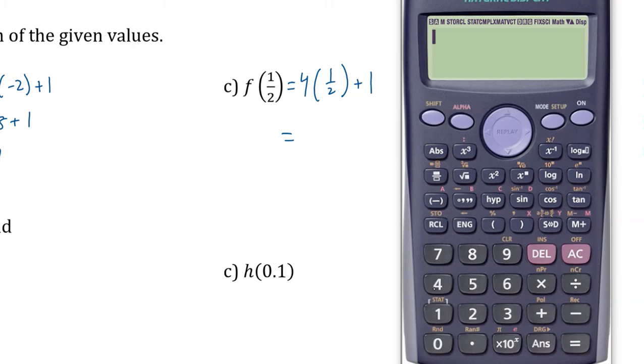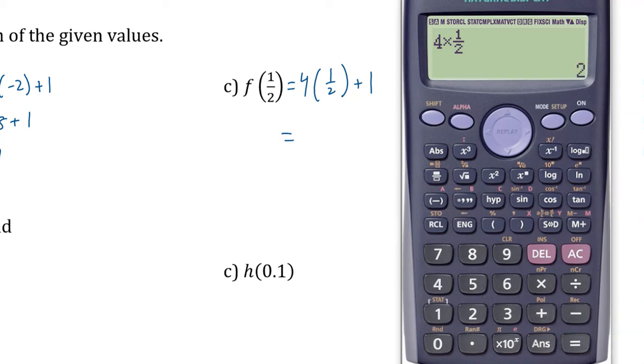Like this one. 4 times, hit the fraction button, 1 over 2. It even looks like the way the question looked on the page. Or instead of the multiplication symbol, I could have used brackets and make it look exactly like that. Okay?